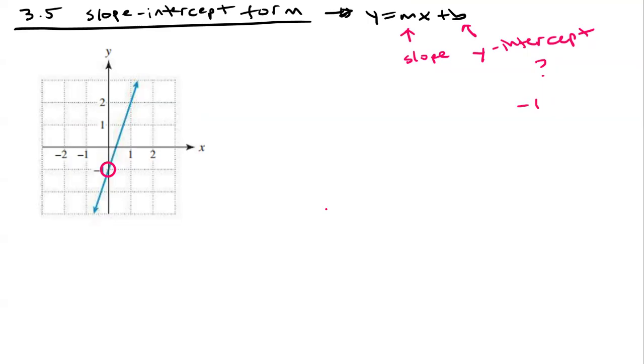Well, what about the slope? What's the slope here? Can't we use rise over run? Right, we're given a graph.